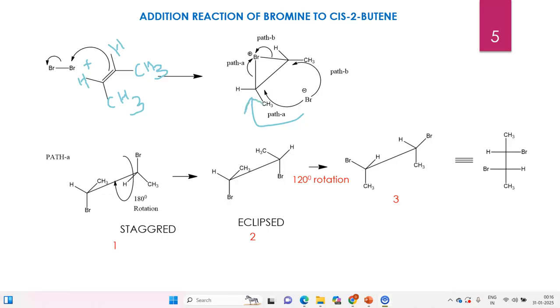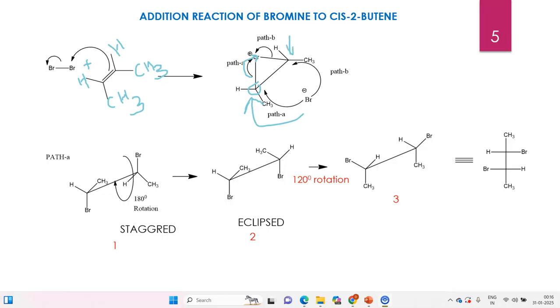If this bromine is added at this carbon, it will be added from the bottom. Simultaneously, the ring gets opened, so the other bromine will be added from the top.